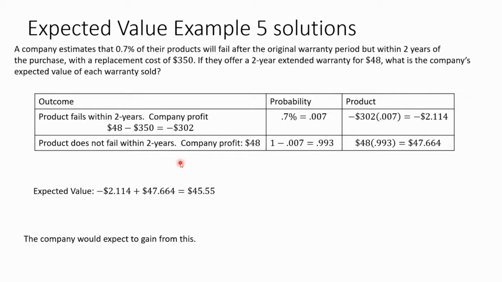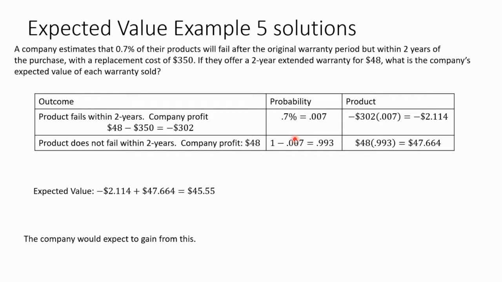But now that's if the product fails. What if the product does not fail? Well, they don't have to worry about replacement costs, so they're going to make $48 from that warranty. How likely is that going to happen? Remember, if you have an event and you know its probability, the complement of it, meaning that event does not happen, is 1 minus the probability. We did see that last time.